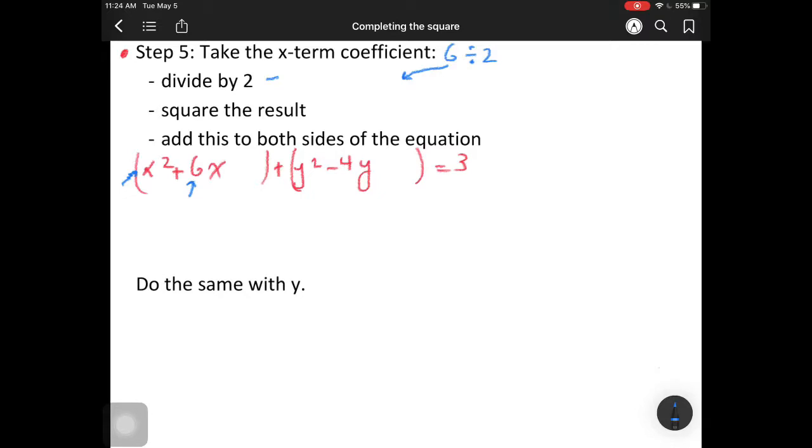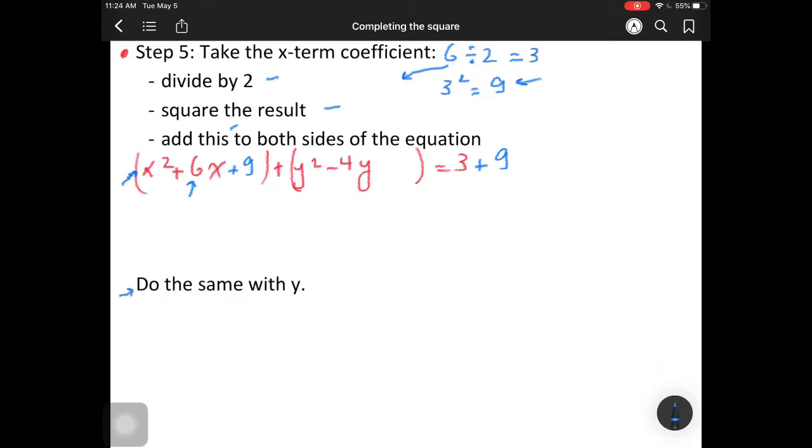You divide by 2, you would get 3. Then it says square the result. So the result that you got, which is 3, you square it. This gives you 9. And it says add this to both sides of the equation. So the result 9 that you got, you add it here. And of course you add it here too, because you can't add to one side of the equation. You have to add to both sides of the equation.